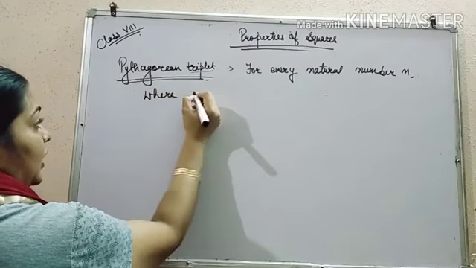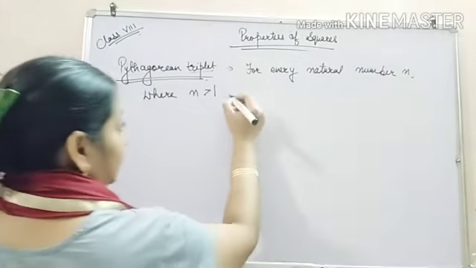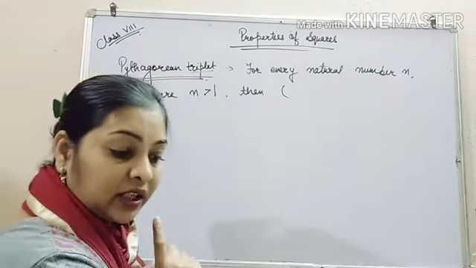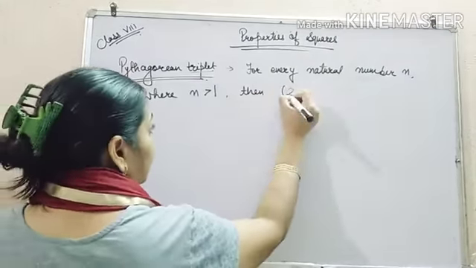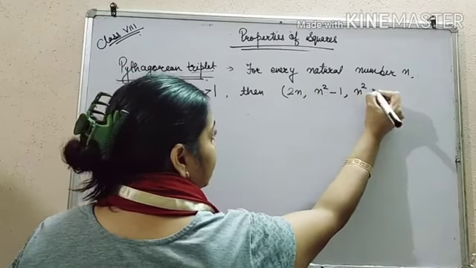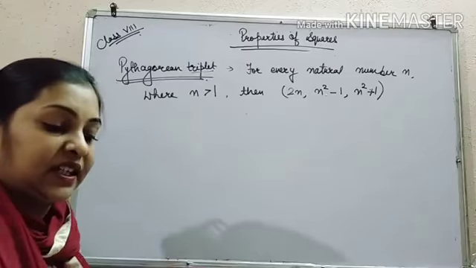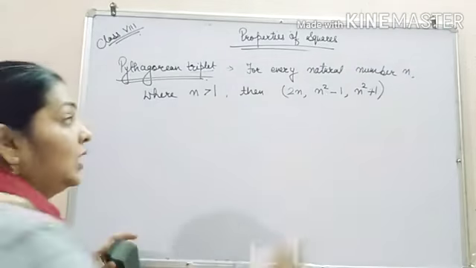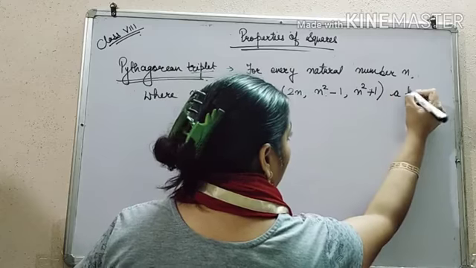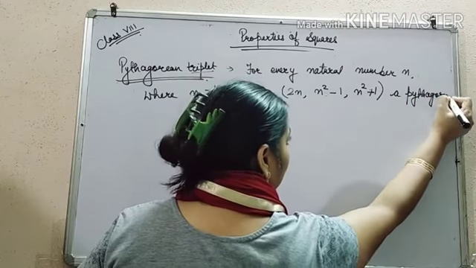Where n is greater than 1, then what should be the condition? The condition is that n should satisfy this formula. These numbers should then be a Pythagorean triplet.